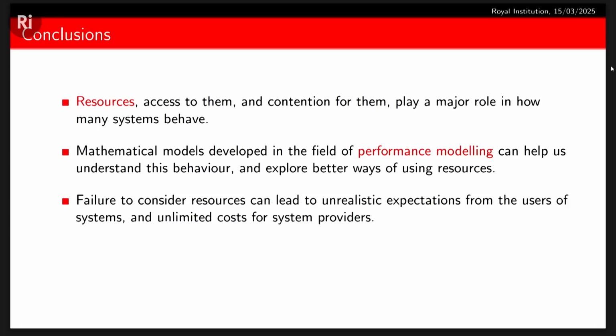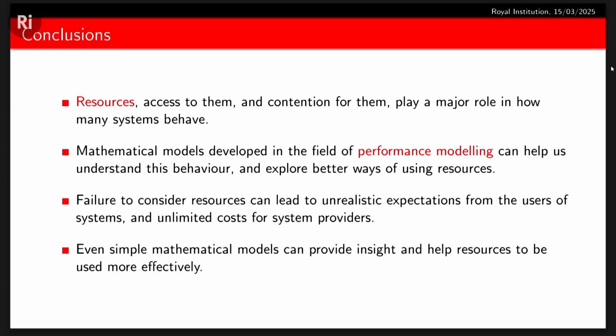Failure to consider resources can lead to unrealistic expectations from users, this idea that we have infinite resource, we can always just get what we want, and unlimited costs for system providers. And this is what we have seen so far with most of the large language models. But even simple mathematical models, such as Erlang's loss formula, can give us insight and help us use resource more effectively.